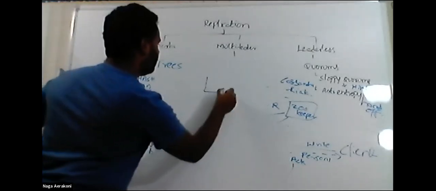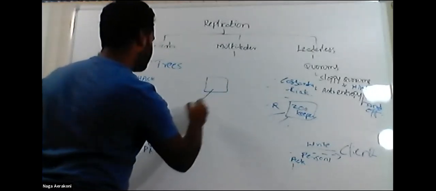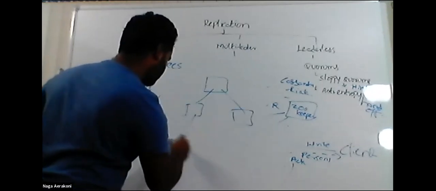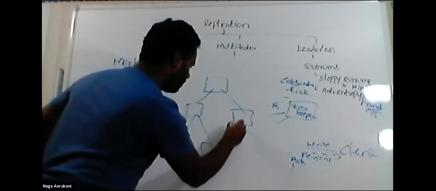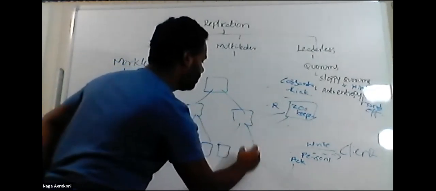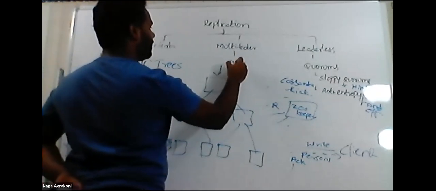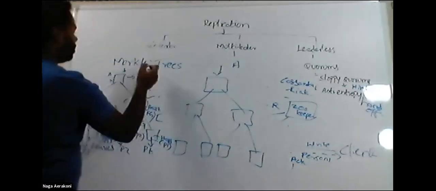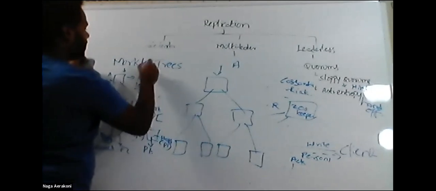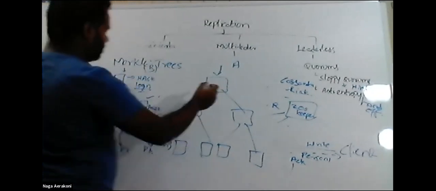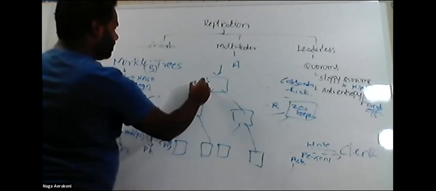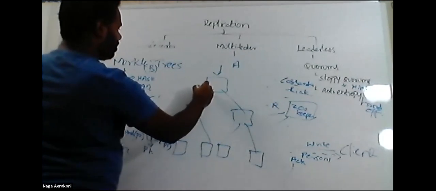So let me see. Just imagine you have another tree here. This tree belongs to node A, and this tree belongs to node B. If you are comparing the roots, they differ, so they're not matching.